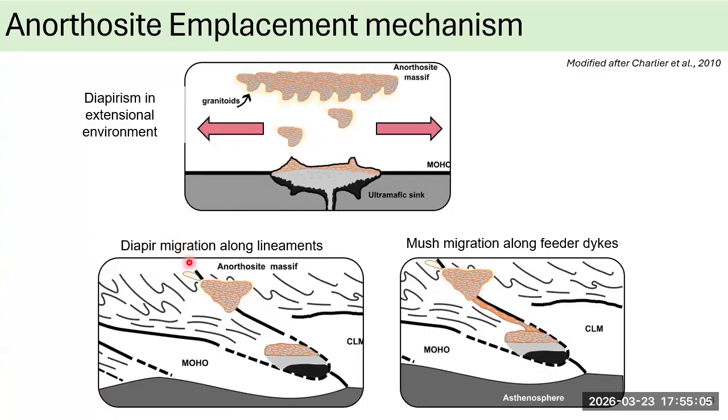I'm not going to argue too much today about this, but it is a very interesting problem that we still do not completely understand. If you talk about granites, people do not believe that granites rise as diapirs anymore, but with anorthosites, it's not that black and white.